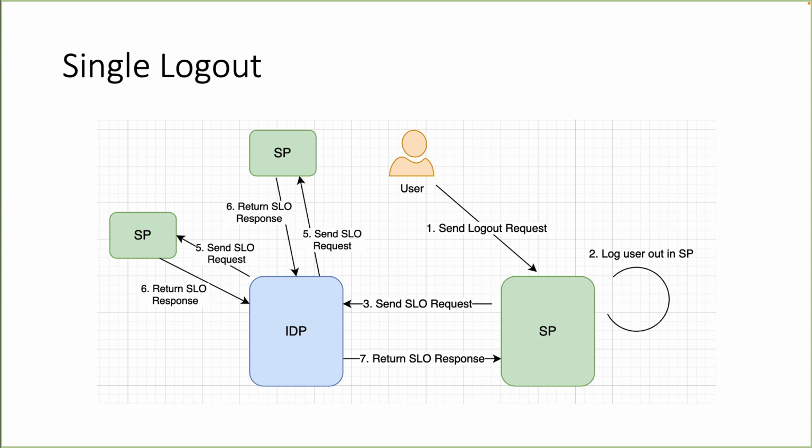There will be situations even in industry or in practical scenarios where people say, we don't even support SLO in the first place for all SPs. So whenever a user needs to log out, he needs to log out specifically from each application. That's an inconvenient situation, but sometimes easier to implement in the industry.